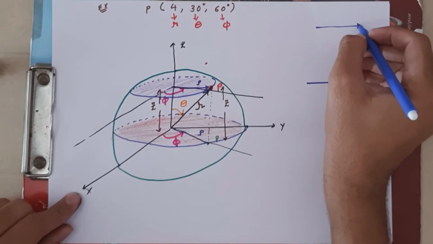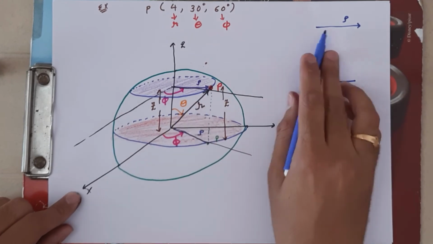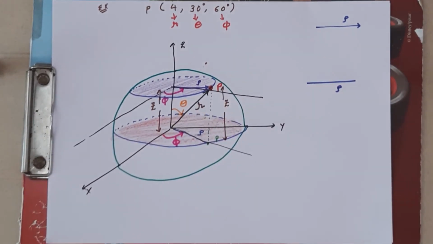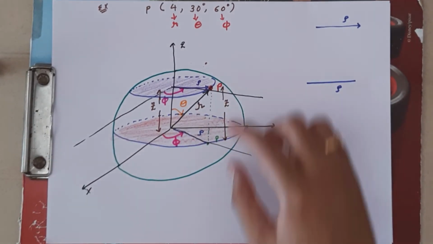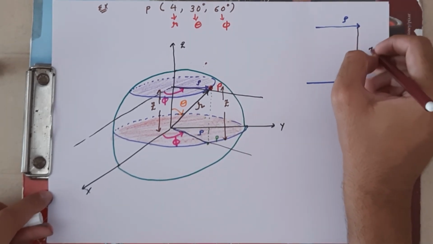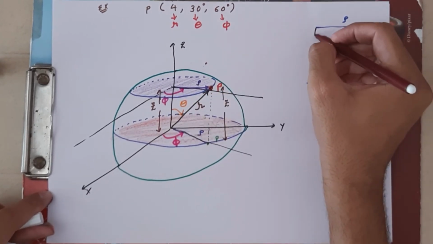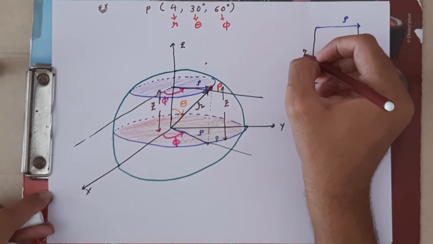This length is rho, this one is also rho. Now what about height? This one is my height z, this one is also z.